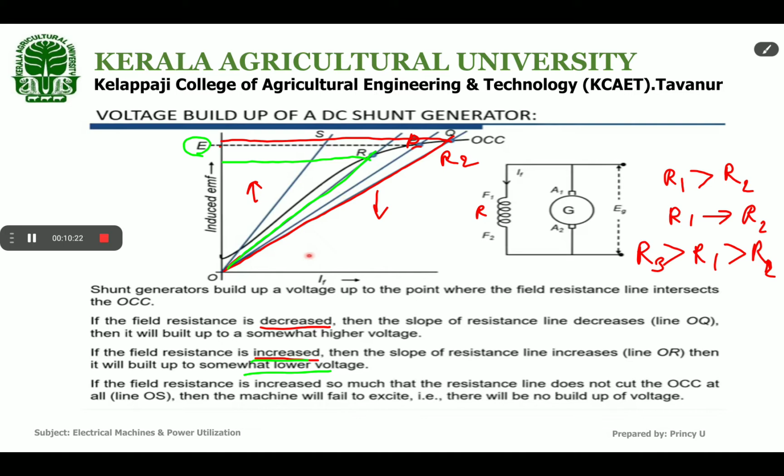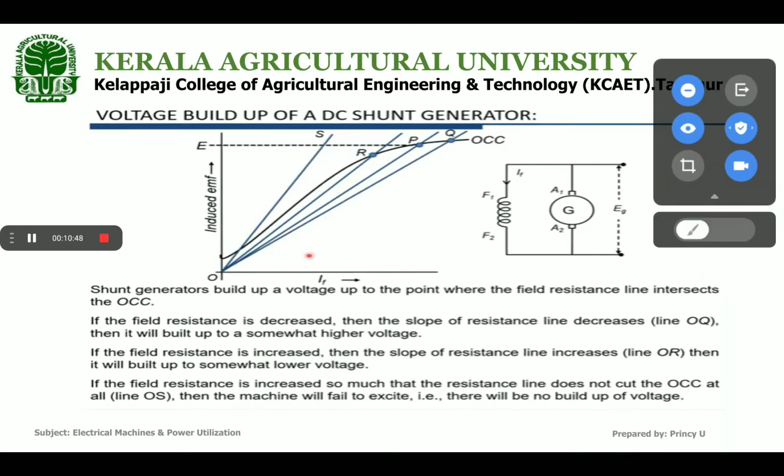And if we increase the resistance further and draw the slope line, the resistance line will not cut the OCC line, the line OS. Then the machine will fail to excite. There will be no buildup of voltage.